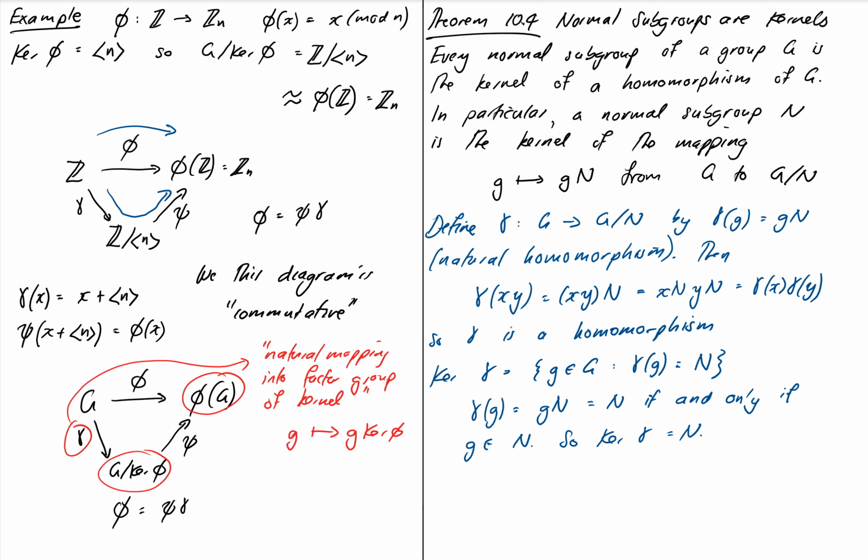The only things that map directly into N are elements of N, and so the kernel is N. So once I've got my normal subgroup, I can set up the factor group, and the homomorphism into that factor group defined naturally like this has the kernel N. So all normal subgroups are kernels of some homomorphism.